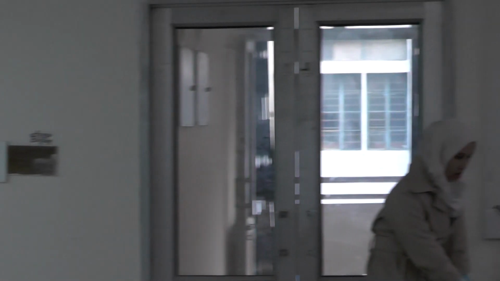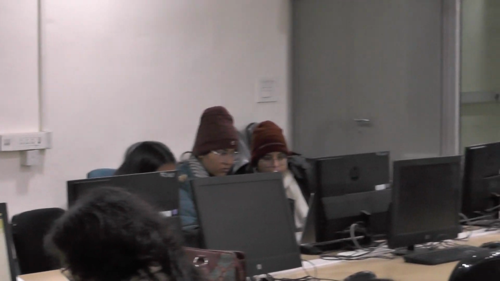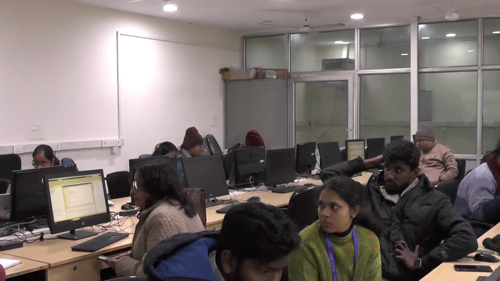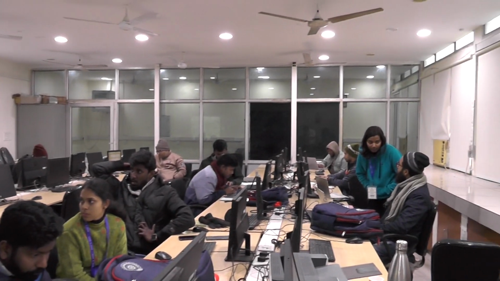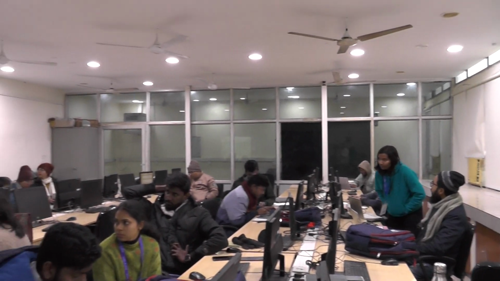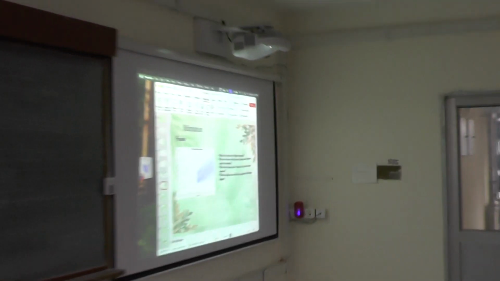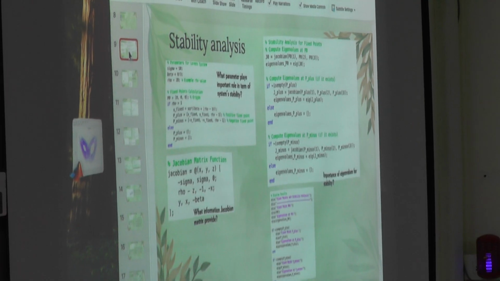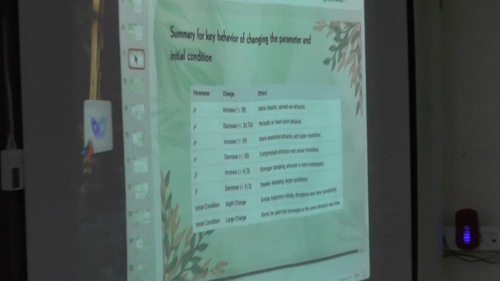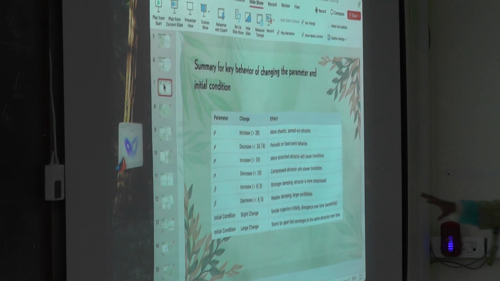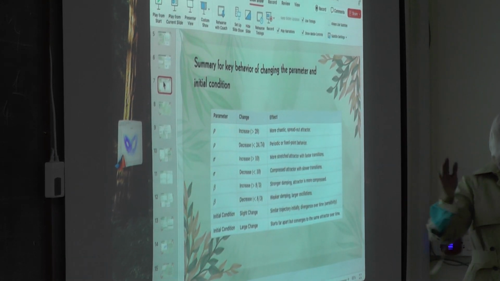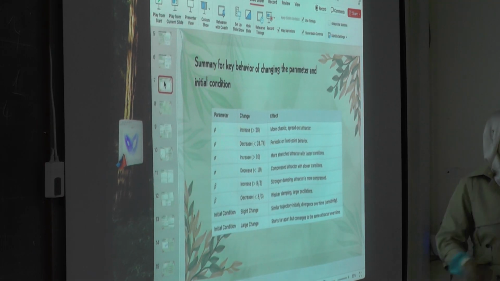I would say we move to the second part. Here I'm giving you short notes on changing the parameters, also changing the state variables.